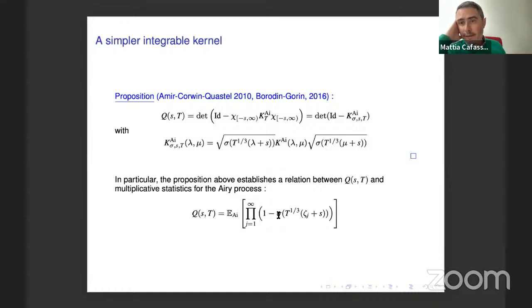This is a random variable. You take the expectation with respect to the Airy point process, and you obtain the function Q(s,t) that you're interested in. So really what we are computing are multiplicative statistics of the very well-known Airy point process, which is the point process describing the eigenvalues of GUE near the edge.